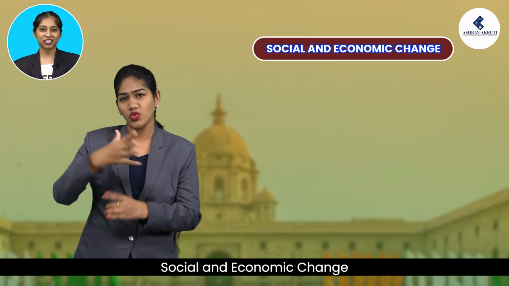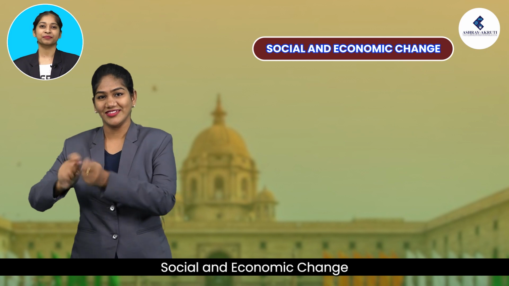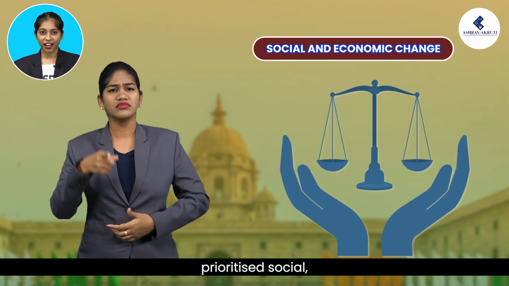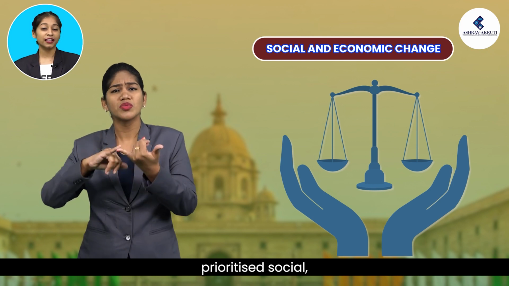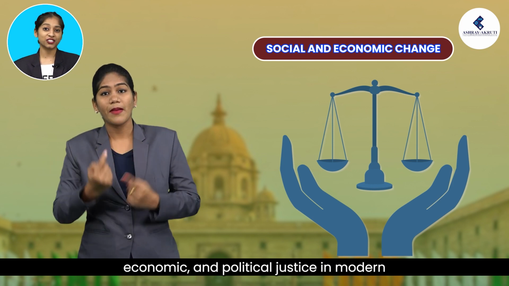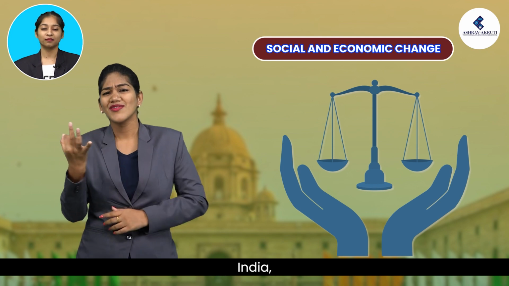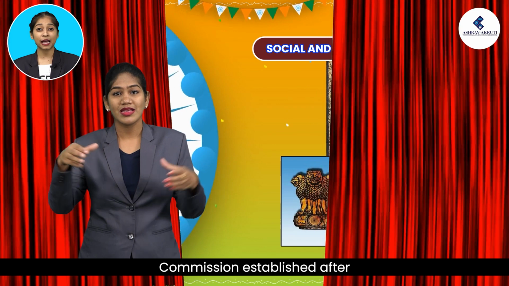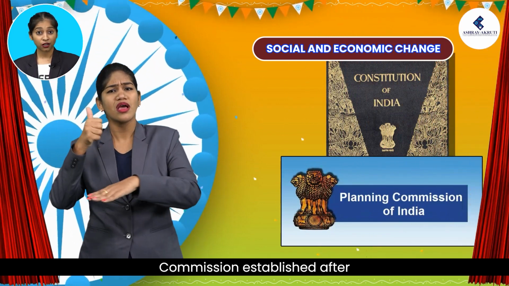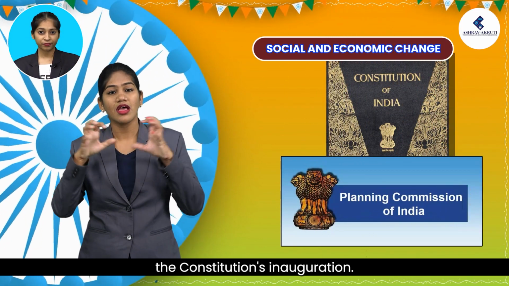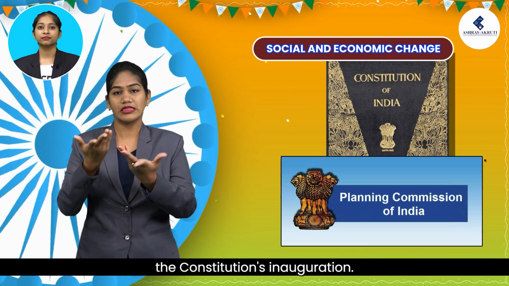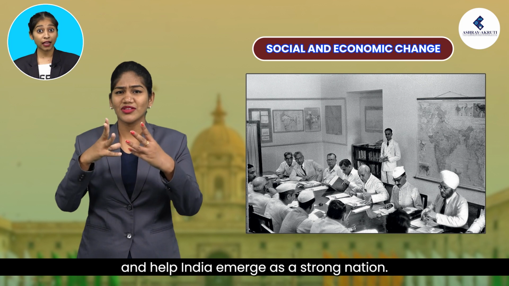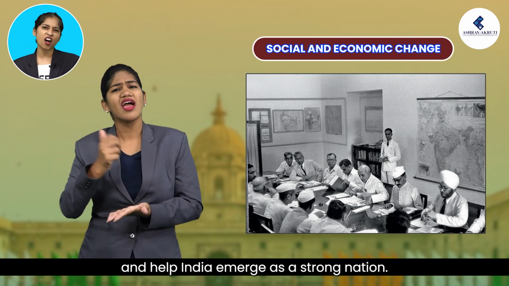Social and economic change. The Constituent Assembly prioritized social, economic and political justice in modern India. With the Planning Commission established after the Constitution's inauguration, Nehru aimed to dissolve divisions and help India emerge as a strong nation.